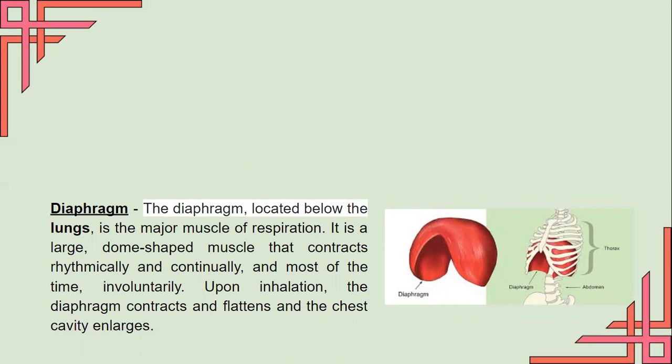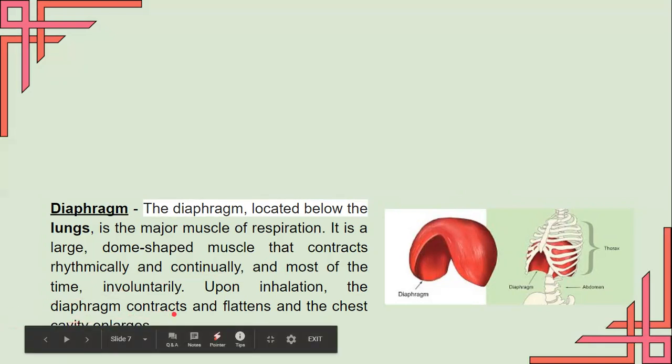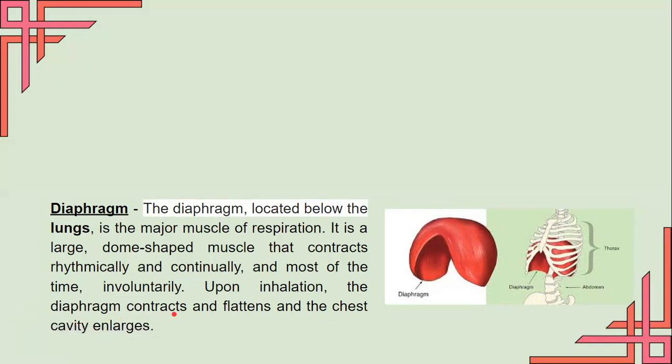It is a large dome-shaped muscle that contracts rhythmically and continually, and most of the time, involuntarily. Take note, upon inhalation, the diaphragm contracts and flattens, and the chest cavity enlarges.